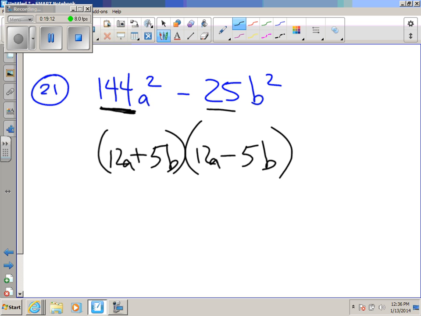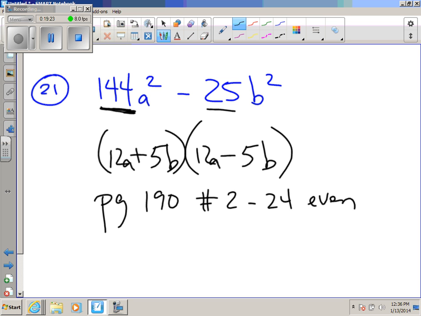So let's do this. Let's work on these for tomorrow. Page 190, numbers 2 through 24 even. And a redo.